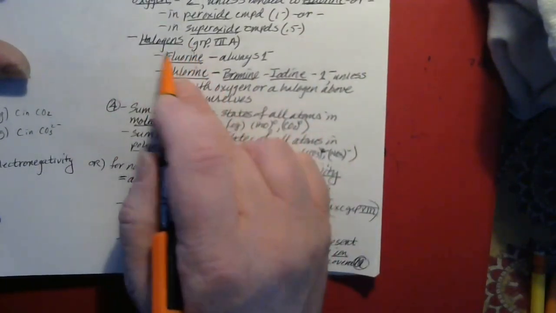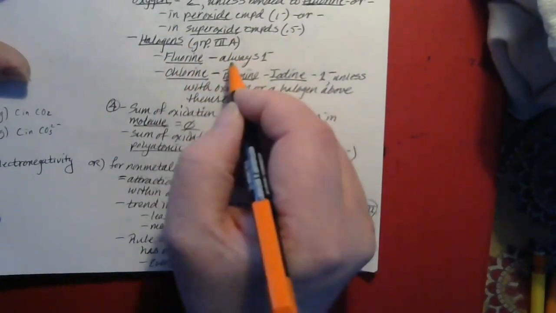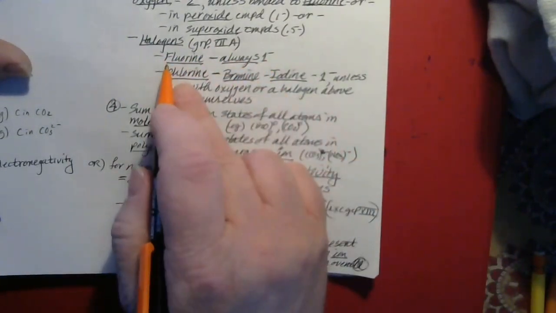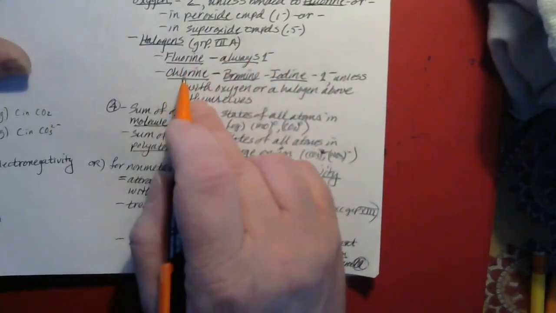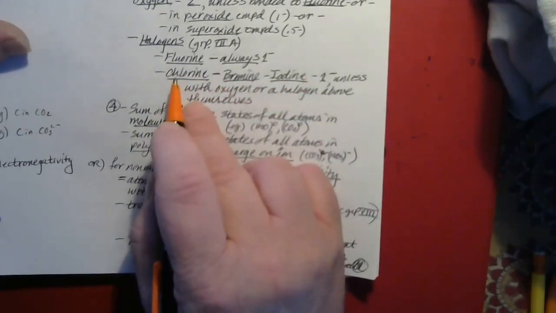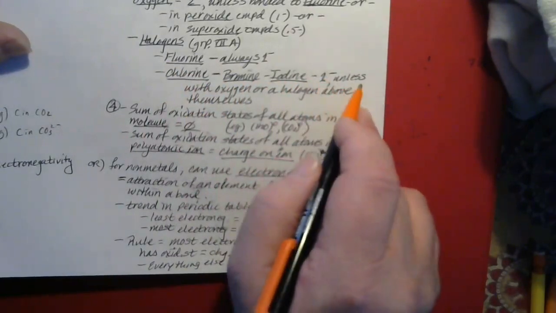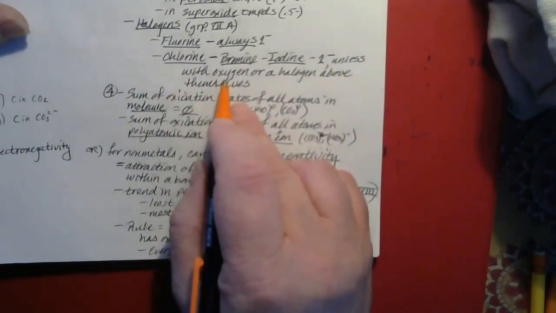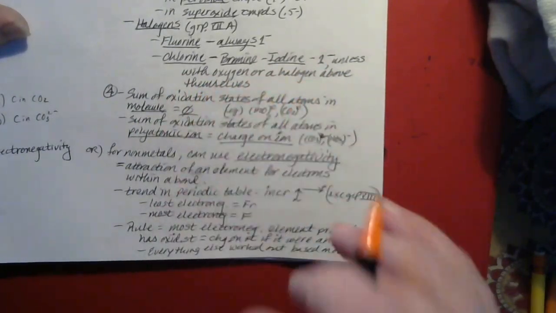For the halogens, that is group 7A, fluorine is always -1, no exceptions. That's like one of the few things where there's no exception. Fluorine is always, always, always -1. The other elements in the halogen series, chlorine, bromine, iodine, will be -1 unless they're combined with oxygen or one of the halogens above them in that group.